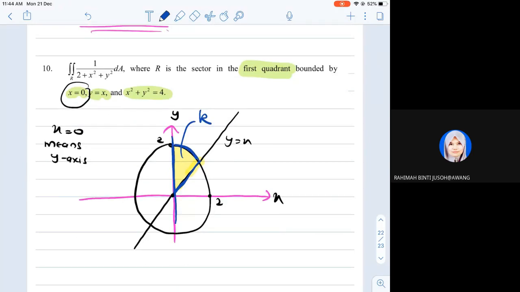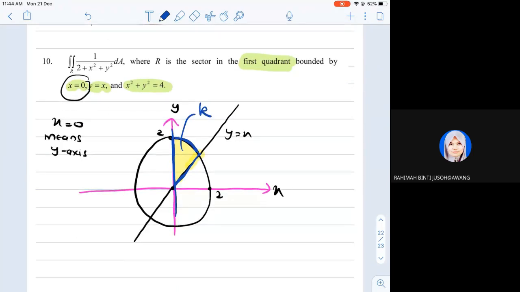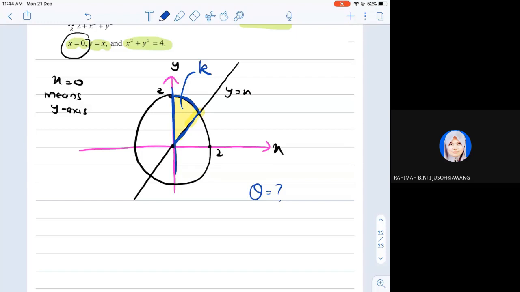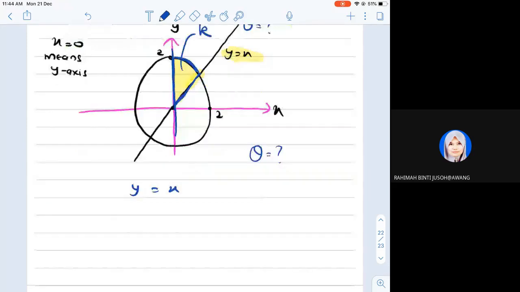Okay, now, how do we find the angle? The angle, how do we find the angle? From where? We have to take from here, isn't it? Theta equals to what? So from this line, we have equation y equals to x. So y is r sine theta, isn't it? And then x is r cos theta. So sine theta divides by cos theta equals to 1, right? R divided by r gives 1.